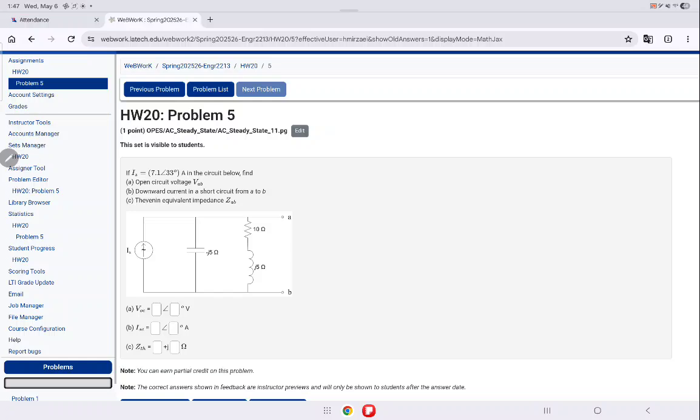And the Thevenin impedance is the voltage divided by the current. Okay, so exactly the same. Or we already did that actually in the first part when we calculated the equivalent impedance. That's it. That's web work 20.